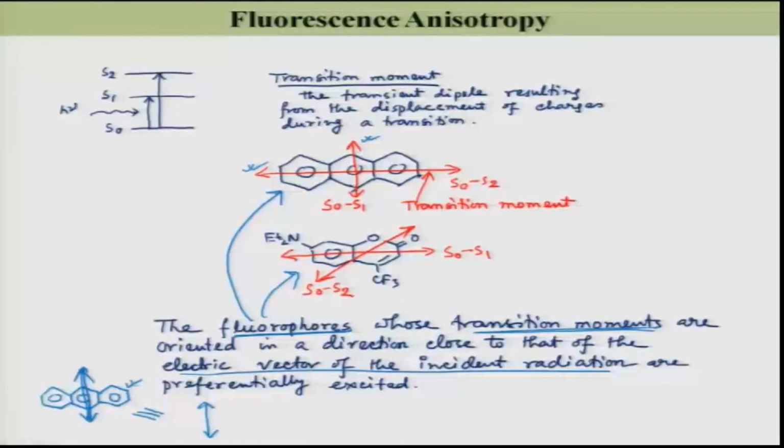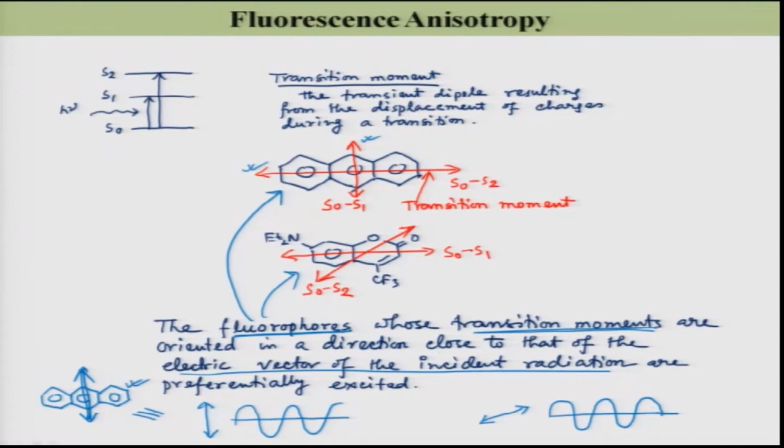If I draw this molecule, the molecule is oriented this way. Now, if the electric field of the incoming light is oscillating along this way, then the excitation is more favorable than if the transition moment is oriented like this way and the excitation is vertical.